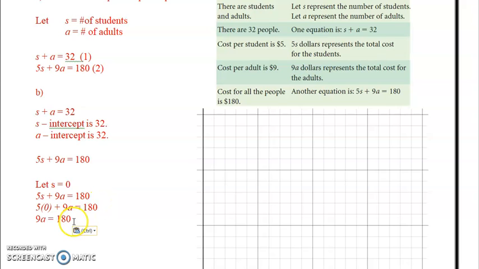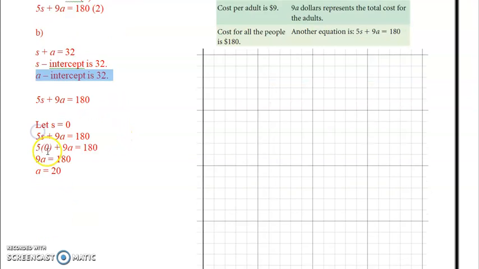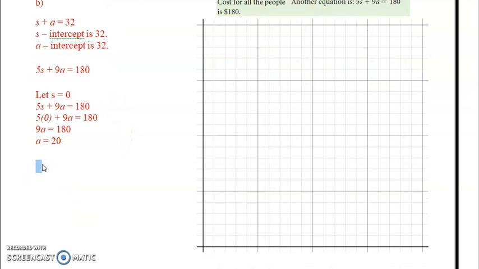And then left 9a is equal to 180. Divide both sides by 9, and then you get 20, right? So a is 20. So the a-intercept is 20.